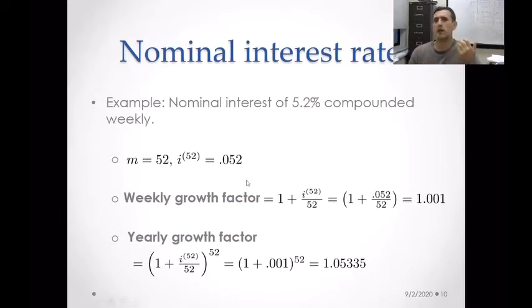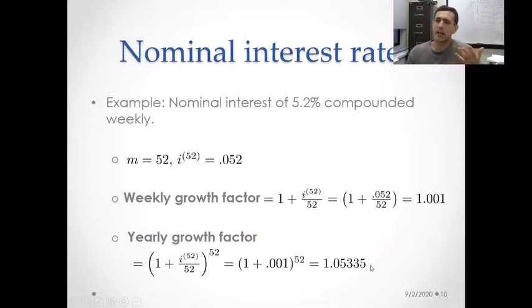So for example, if I gave you this as a homework and I said, well, nominal interest compounded weekly is 5.2%, find what the equivalent yearly interest rate is, and you got something like 10% instead of what the correct answer is as a percentage, 5.335, you just subtract 1 from the yearly growth factor, multiply by 100.